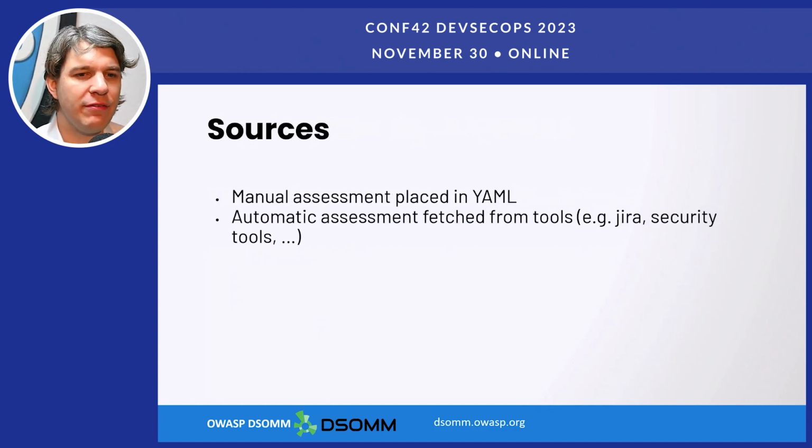In MetricCA, we have manual assessments which we perform in a YAML structure, and automatic assessments where we pull the information from various sources like Jira, other security tools like Dependency Track, Confluence, maybe even from Azure Active Directory. So there are various tools where we can get information from.